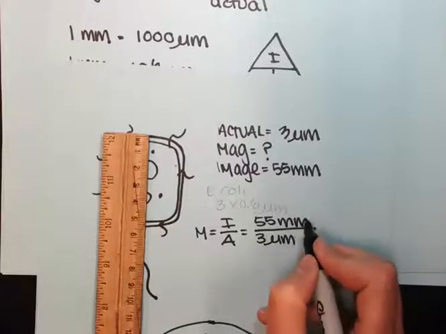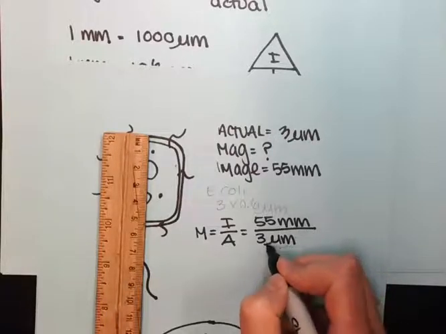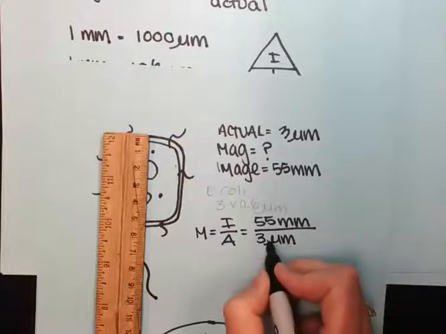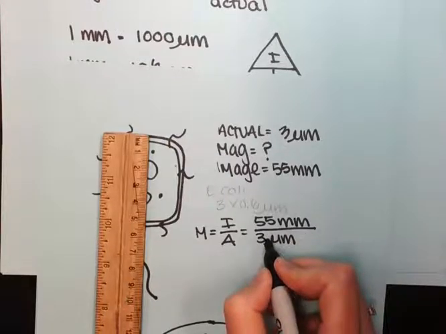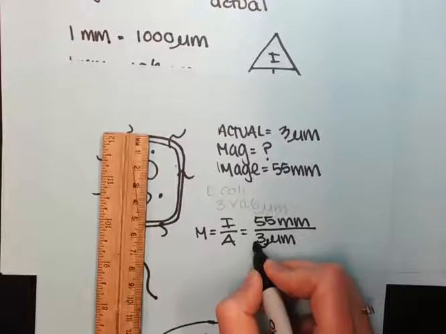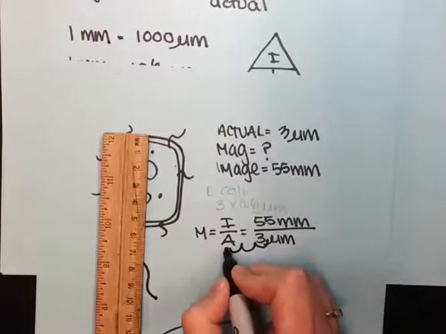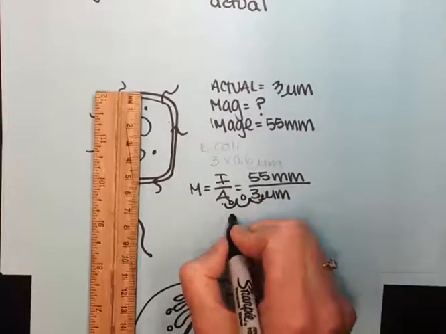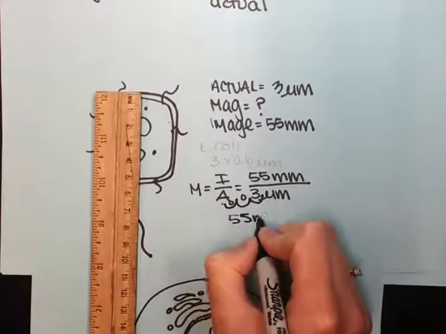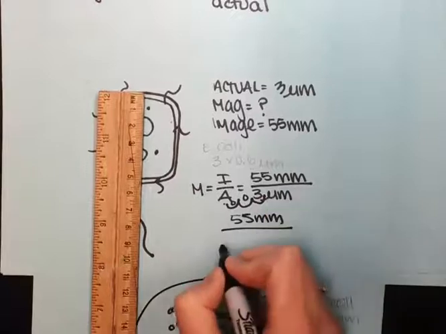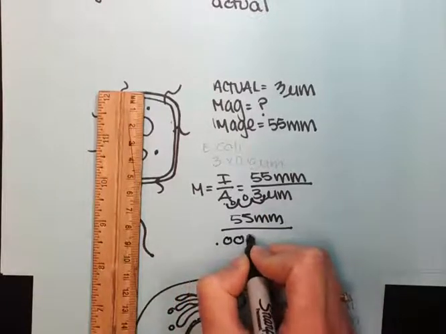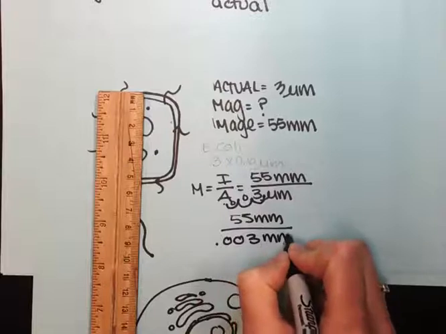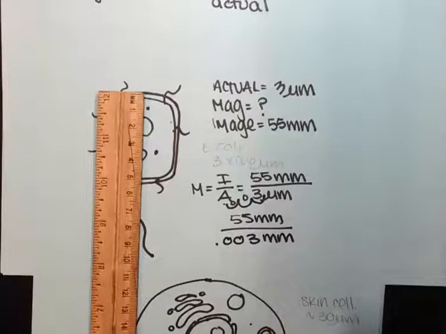Because the unit is bigger, so the number should be smaller. That's kind of how I remember it. And that means I need to move it 10, 100, 1,000. So that would be 55 millimeters divided by 0.003 millimeters.